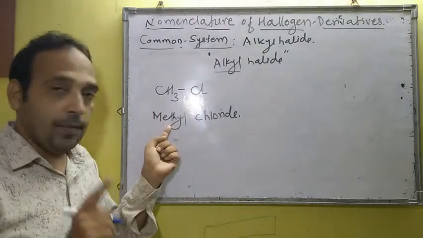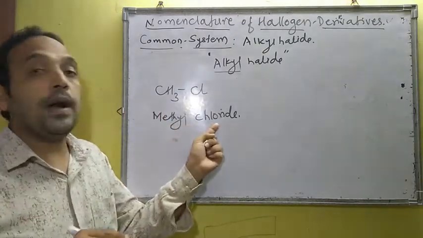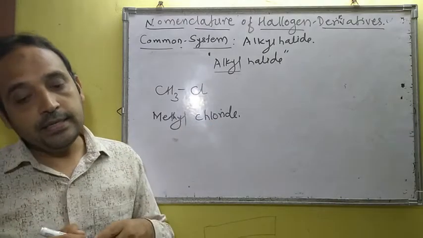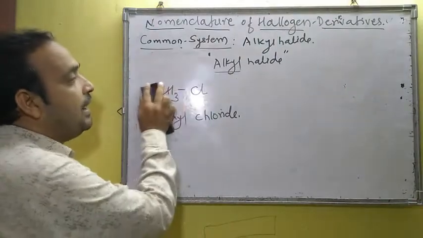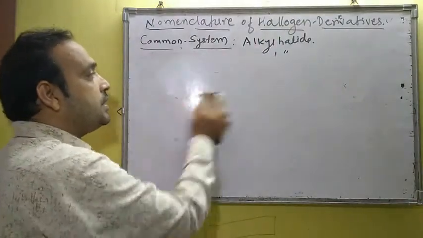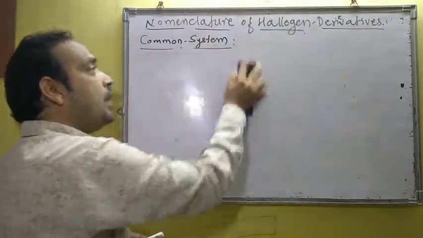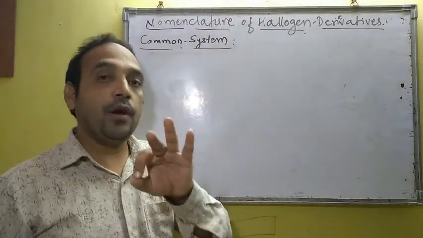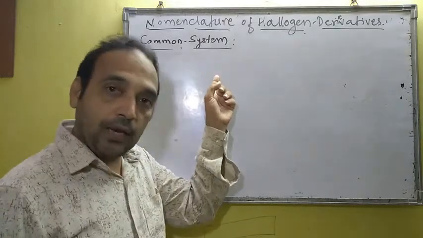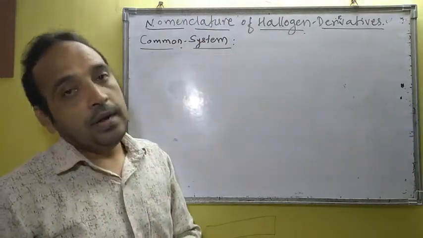First write the name of the alkyl group followed by the name of the halide. This is the pattern to write the common name of an alkyl halide: the name of the alkyl group followed by the word halide.